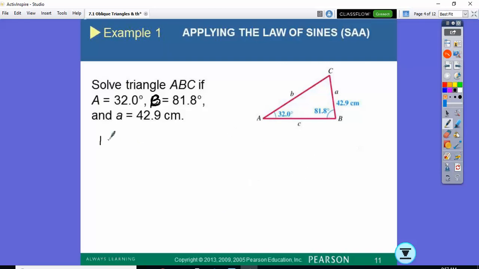We know that 32 degrees plus 81.8 degrees plus C has to equal 180. So if you just subtract from the 180, angle C is 66.2 degrees.